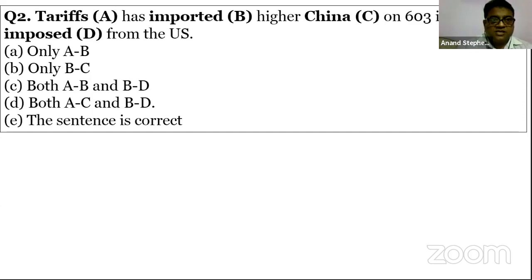One thing, tariff is a noun, and if we want to replace some word here, only a noun can replace it. Sir, Imported. Option D. Option B. Option D. अच्छा, tariffs. आपने D कहा. Did you say D? Yes, sir. D करेंगे तो let's see.